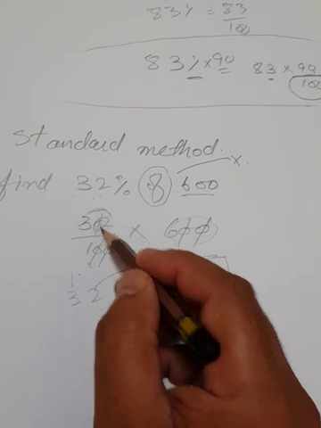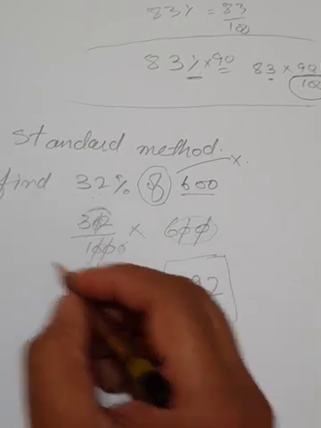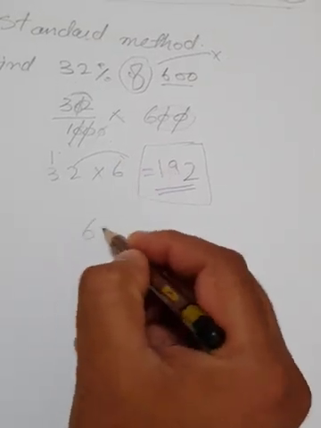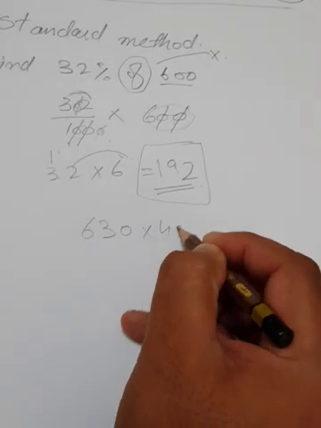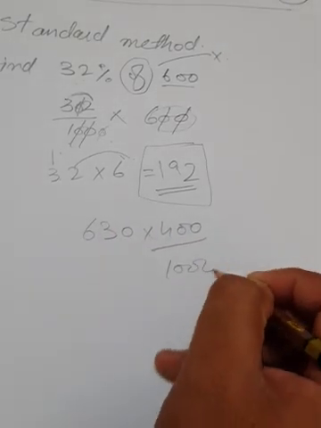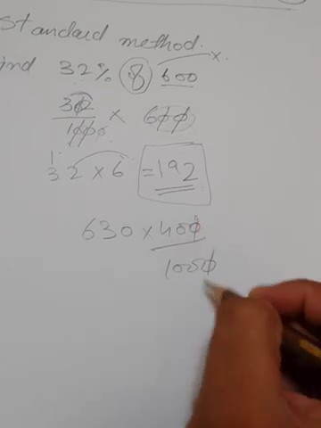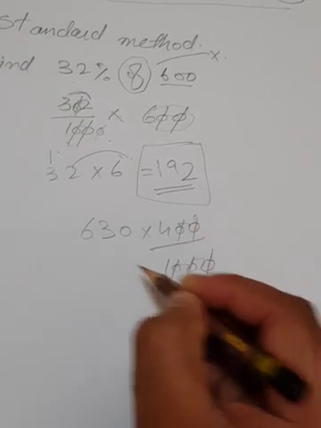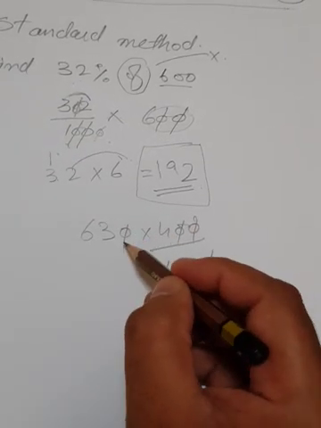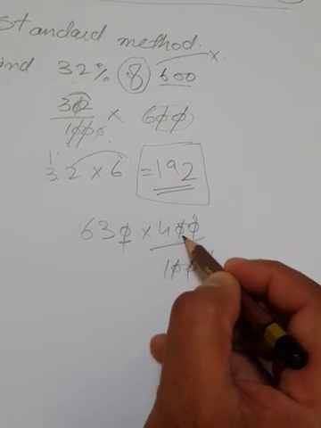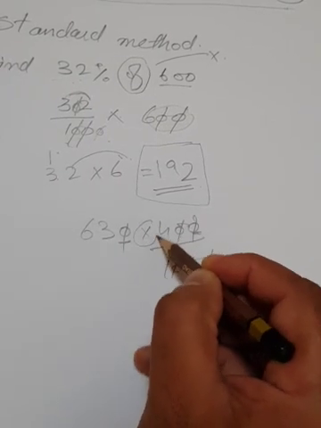Remember that. But in any other case, for example 630 times 400 divided by 1000, you can simplify very easily: 0 with 0, 0 with 0, and this 0 with this 0. Please never cancel or simplify this 0 with any of these zeros because they are getting multiplied.